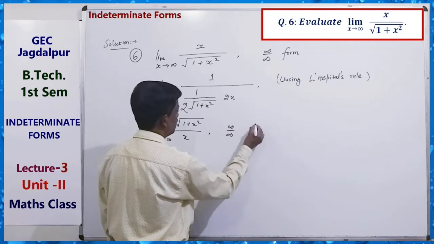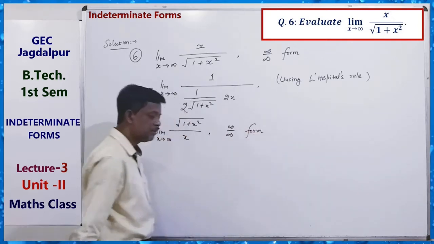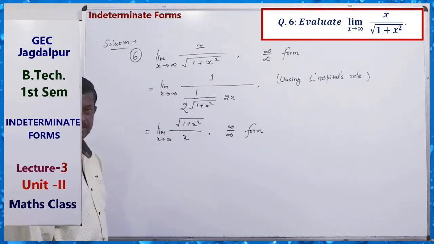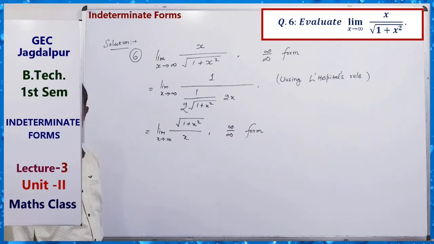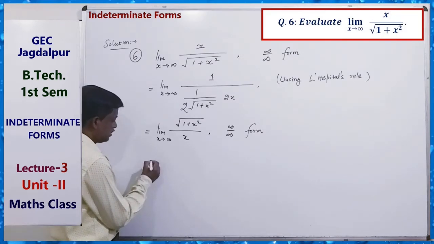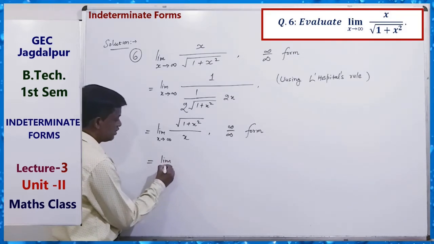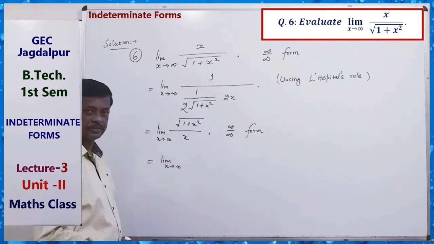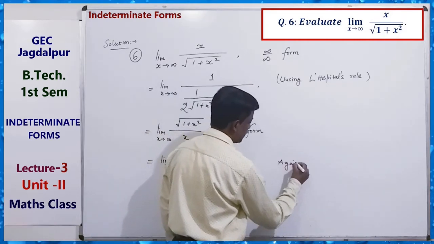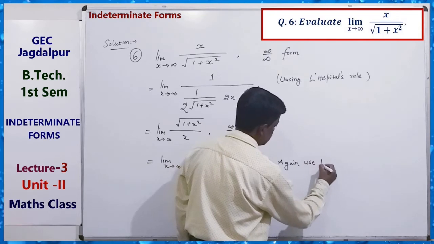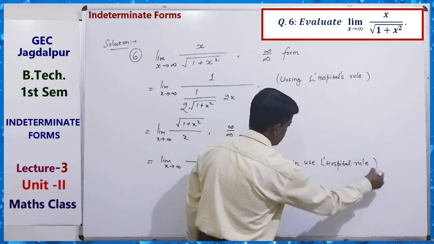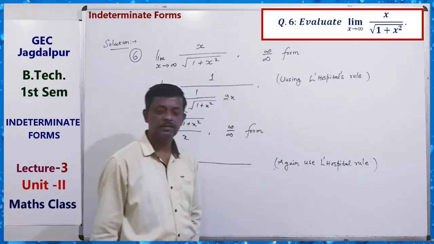Infinity by infinity form again, because x tending to infinity, this is infinity, this is infinity. So again use L'Hospital's rule.